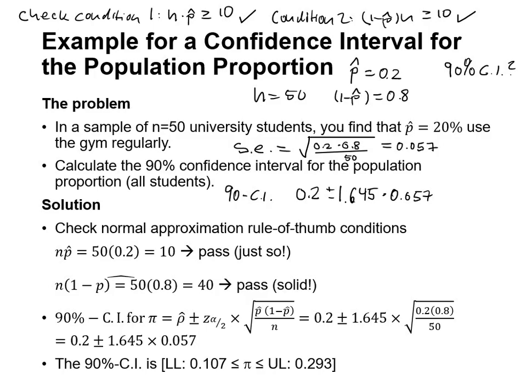So what does the 90% confidence interval again mean? What it means is that if you were to take 100 samples of size 50, you can expect 90 times to include the true population mean or the true population proportion in your sample. So that is the meaning of it.